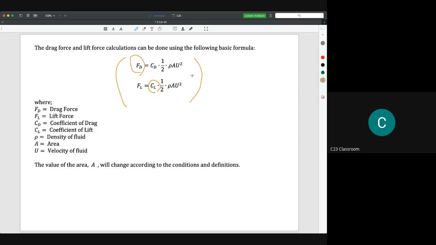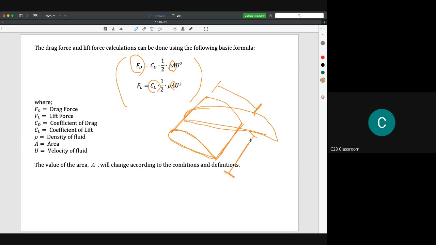The area A here actually depends on the situation. For example, if we have an aerofoil like this, it is okay for us to calculate the length times the width, so the area is the area of a rectangular shape like this.